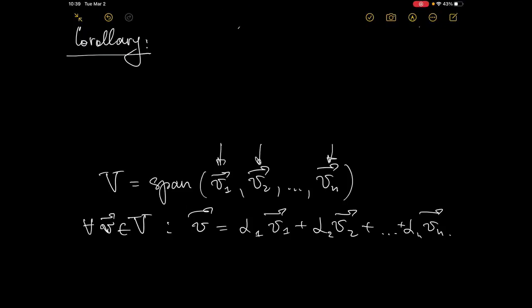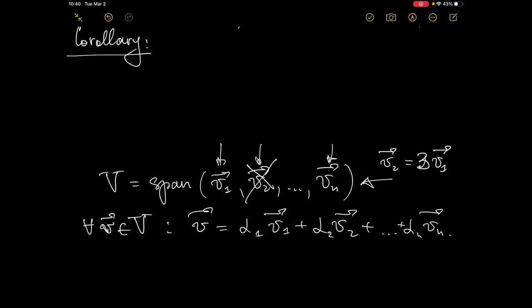So how to get a basis from the spanning set? You just look at the spanning set and determine which vectors are linearly dependent. If, for example, you have that v2 is equal to say 3v1, then you can just throw away this vector without changing the span.